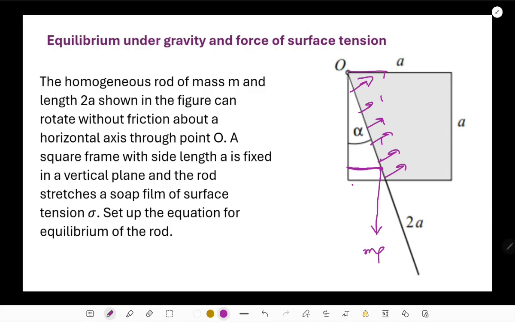But I can do it, since this length I guessed is simply a, and this is angle alpha, so this length will be simply a sine alpha.